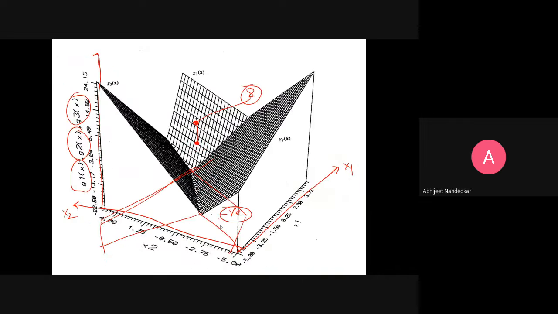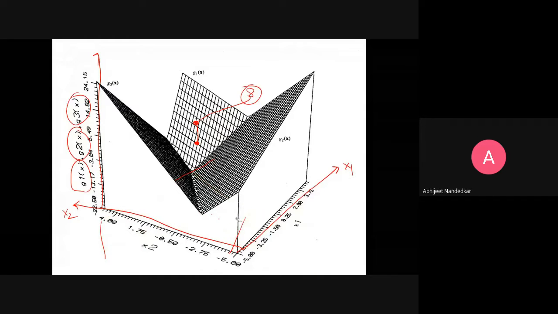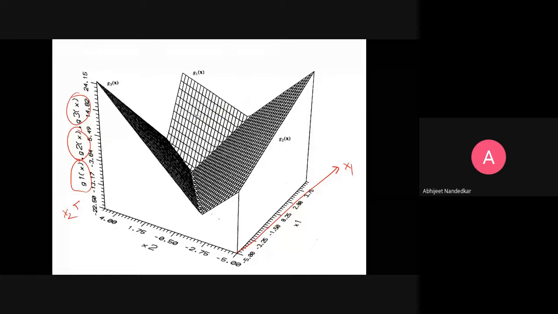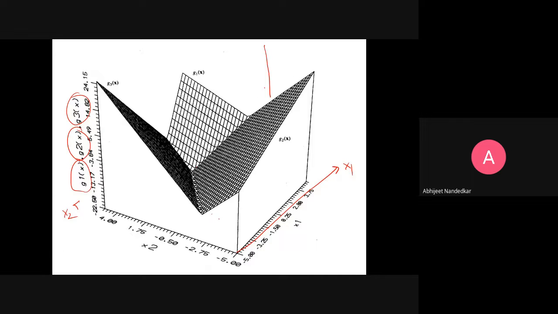So if you see the diagram here, the x1 x2 space is divided into three subspaces, something like this: this is one zone, this is another zone, this is another zone. So we are dealing with three classes.